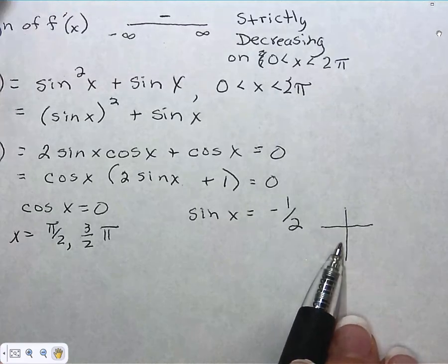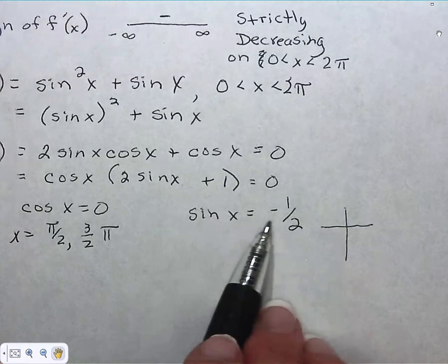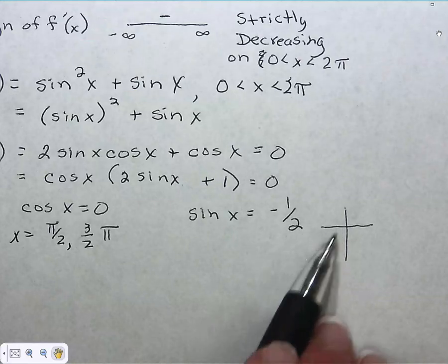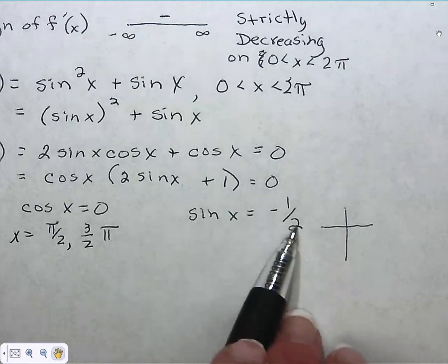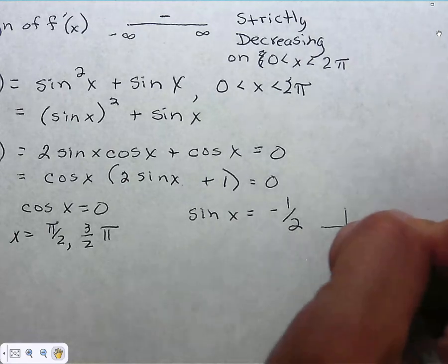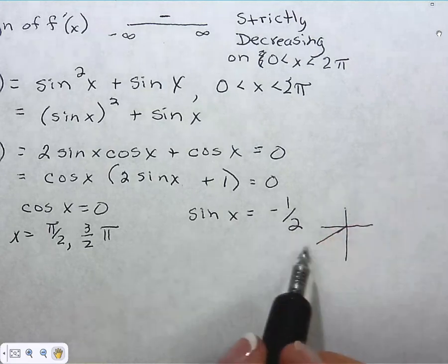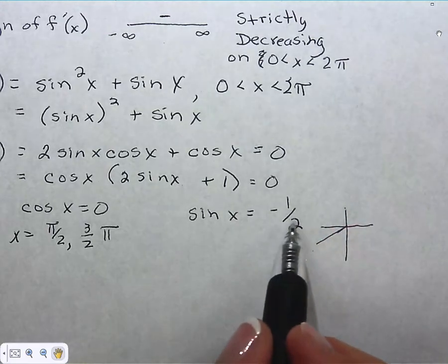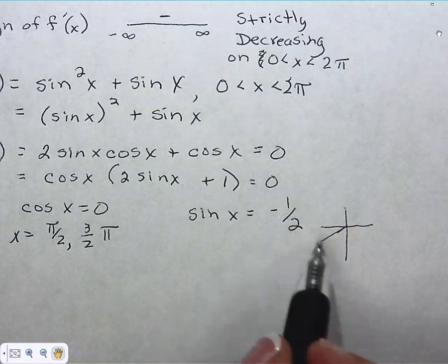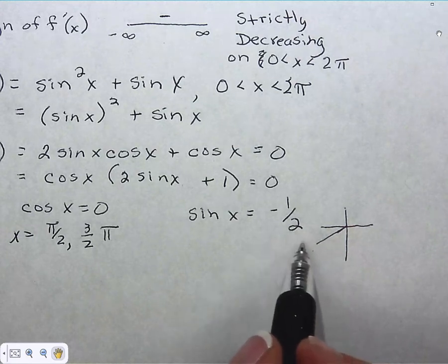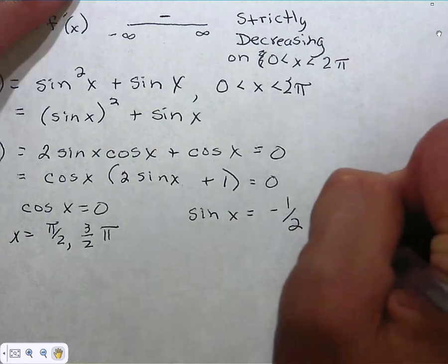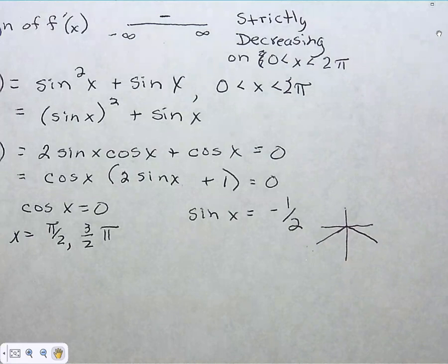So here's the picture I have going on in my head. Third and fourth quadrant where sine is -1/2, is that close to the x-axis or is that close to the y-axis if sine is -1/2? Close to the x-axis. Y is 1/2 at those angles close to the x-axis.